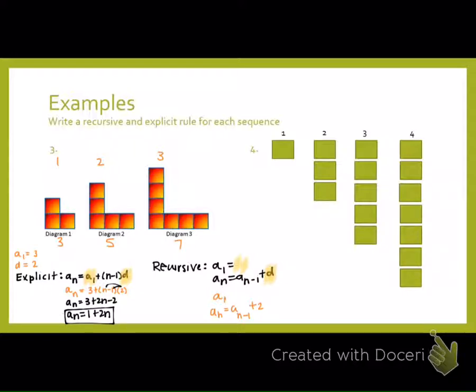Okay, you forgot the first term. You have to tell them the first term in order to find the next term. What's the first term? 3. You guys need to tell them the first term, or else the person will have no clue where to go from there.